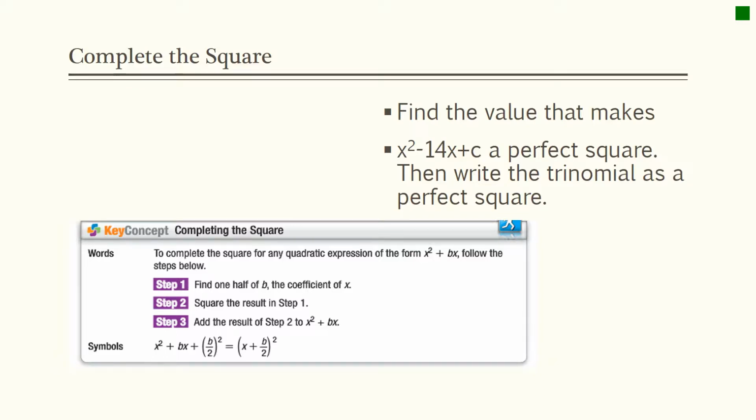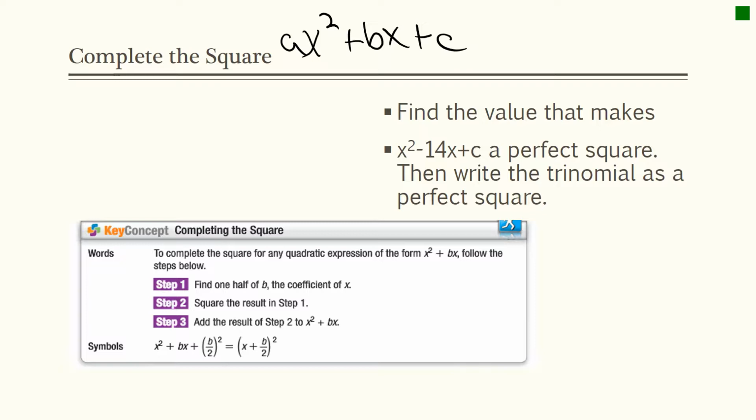Now, to give us the beginning step of this, how could we take one side of an equation and make it a perfect square? So our quadratic formula in standard form is ax squared plus bx plus c.